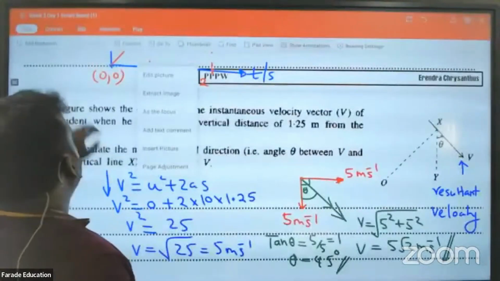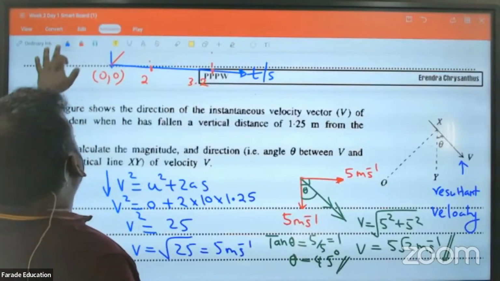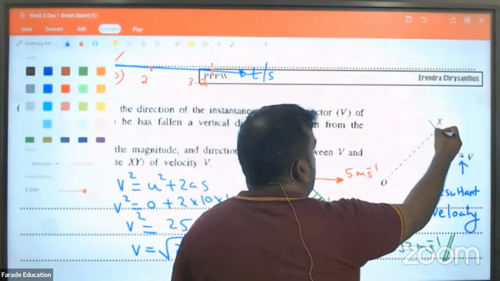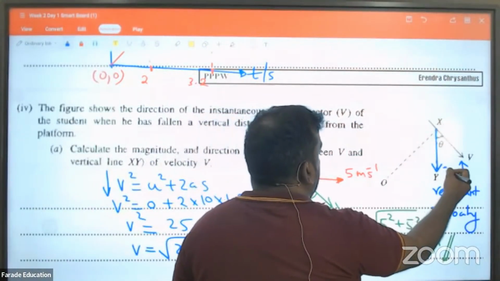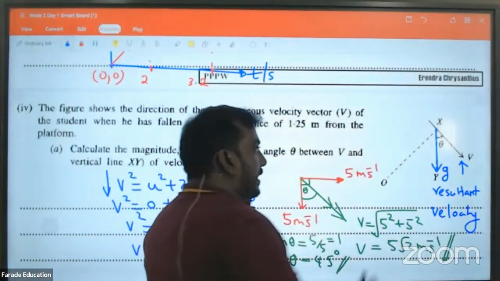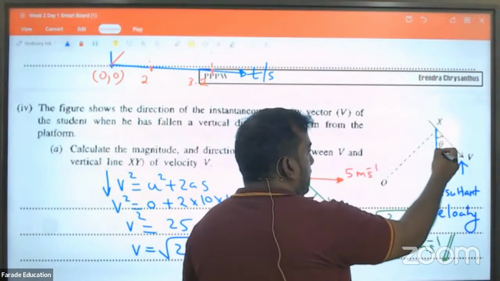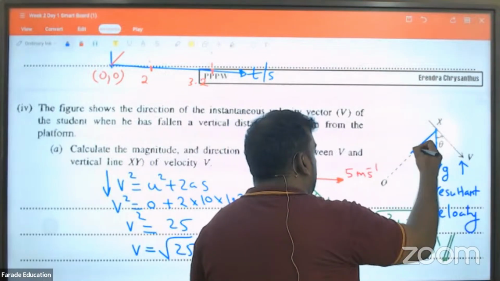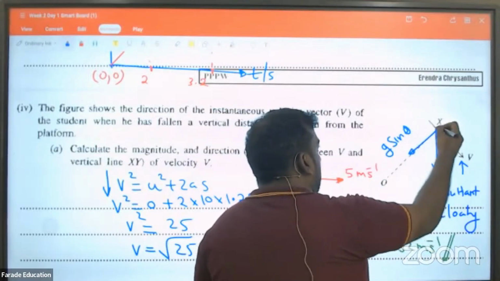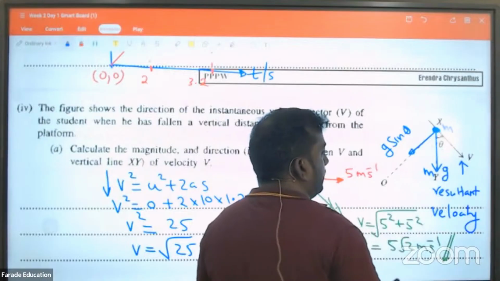Interesting. Look at the board carefully. Now, what is the acceleration acting vertically? That's gravity. They are telling you we can consider it a circular motion about O. So g cos theta, here you have what? g sin theta. Mass of the object is m, means here you have mg.